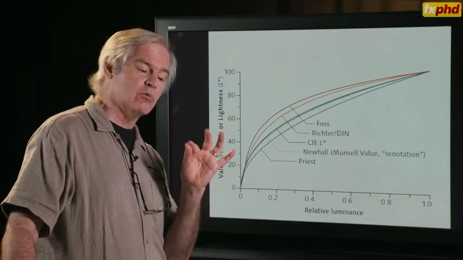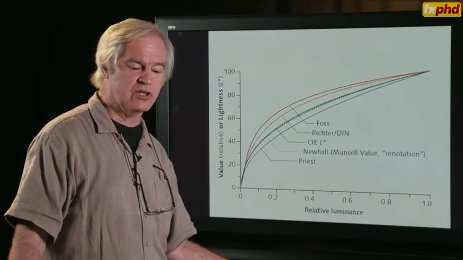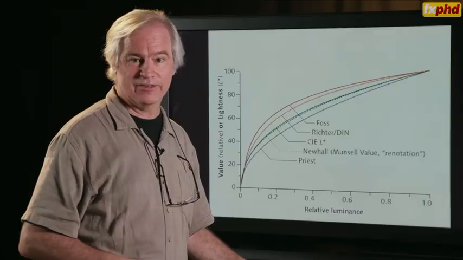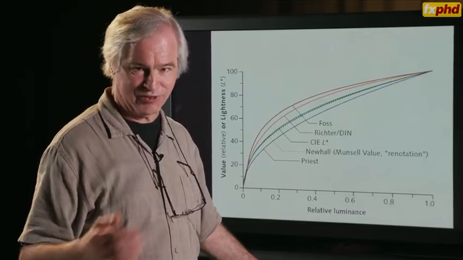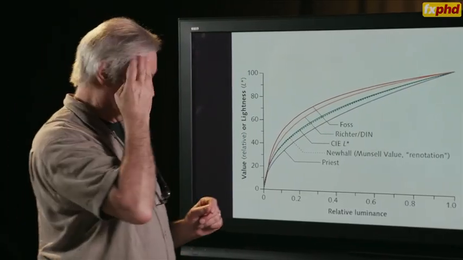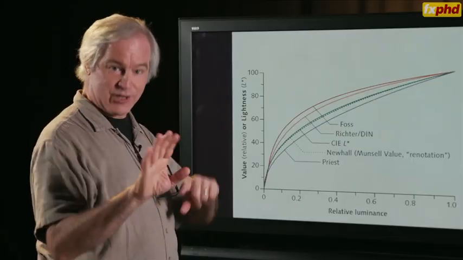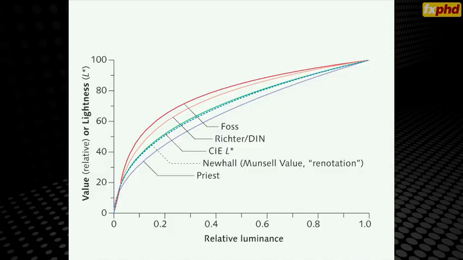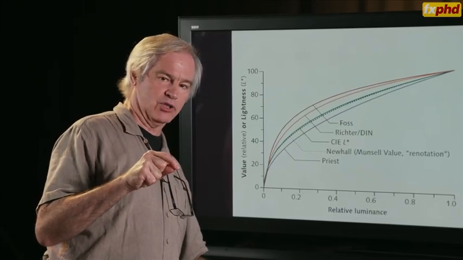And the curve that was standardized in 1976 by the color science experts, La Commission Internationale de l'Éclairage, so now you know I'm a Canadian guy, I can speak at least 3 words of French. That standard curve is CIE L star, and it's very well approximated by a 0.42 power function.